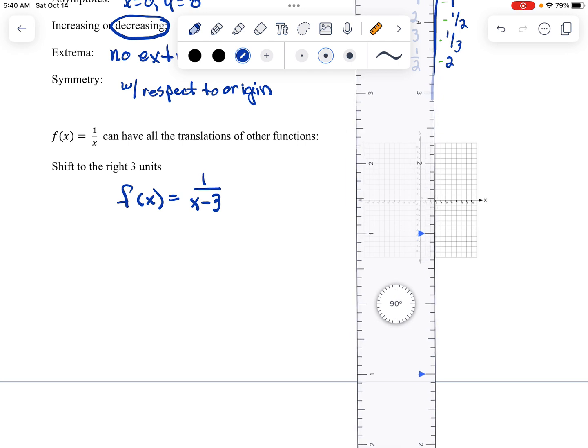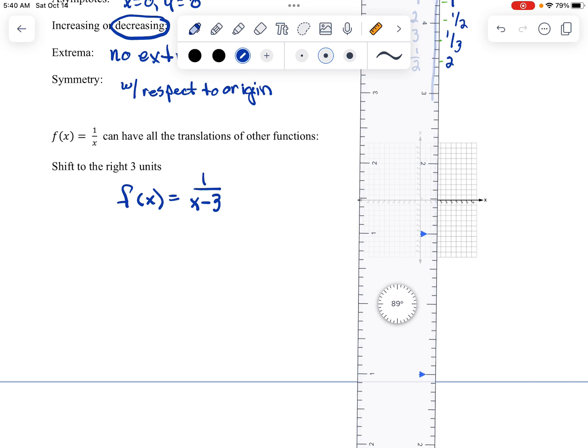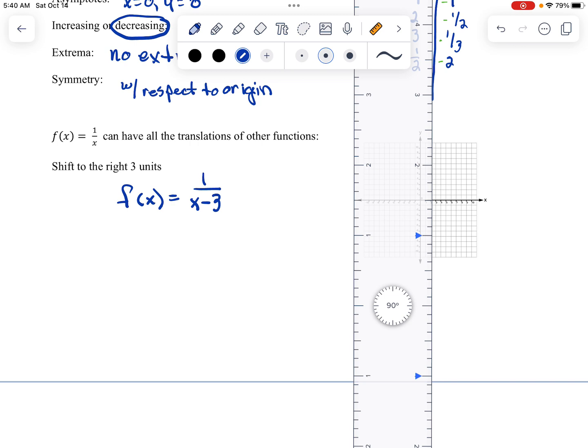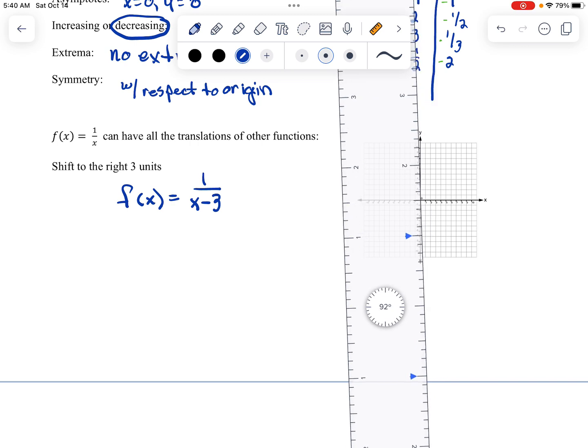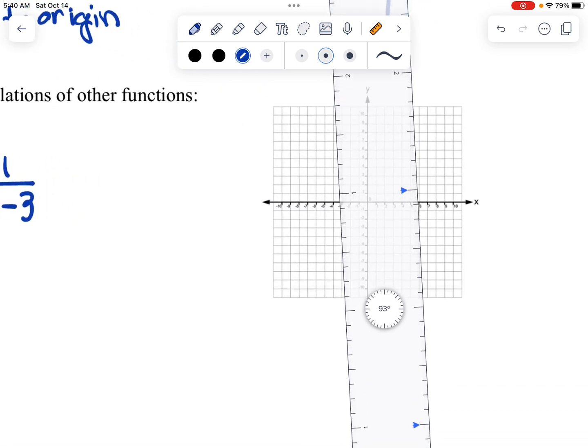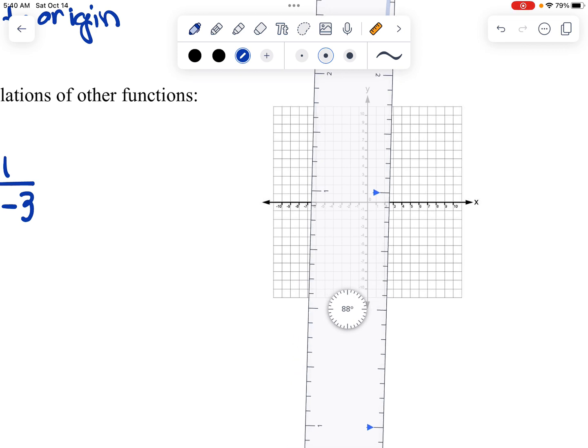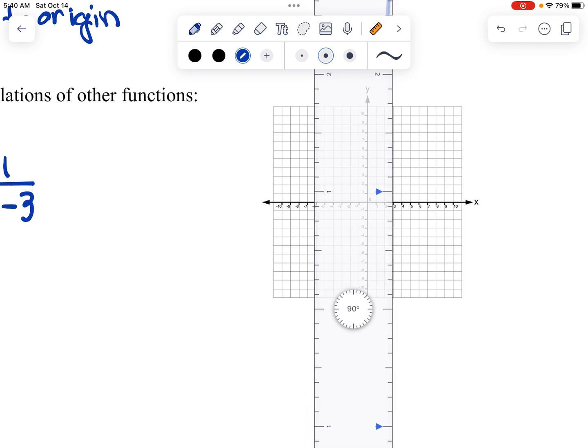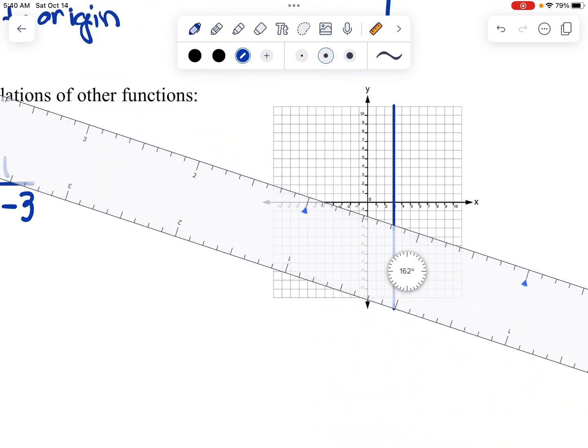Sorry, this ruler is okay to manipulate, not fabulous. I lost my 3. Let me make this a little bigger. There we go. So my asymptote has shifted right 3 units.